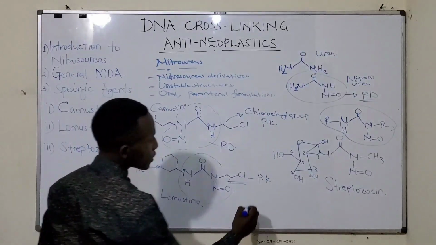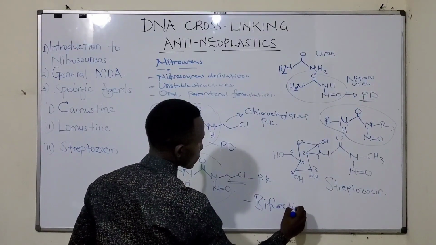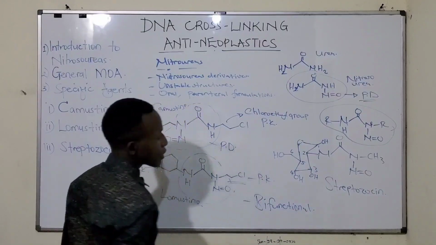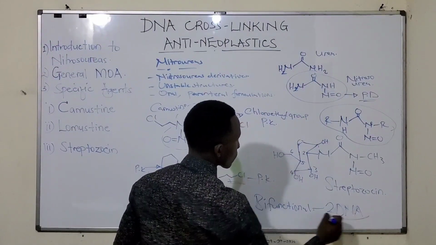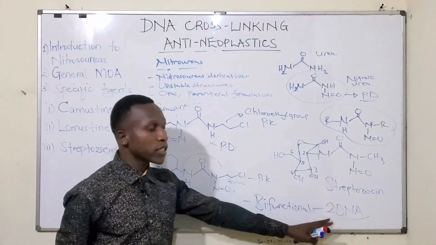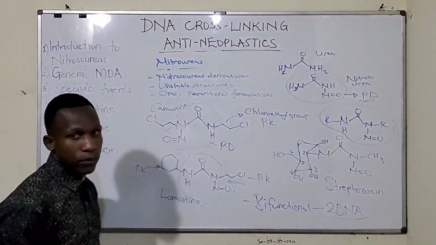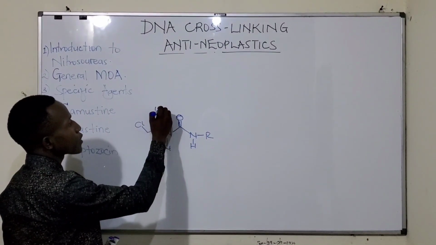And these nitrosoureas are bifunctional, meaning that they can alkylate two guanine molecules. After alkylation, we shall have guanine damage. For the general mechanism of action, nitrosoureas are unstable.